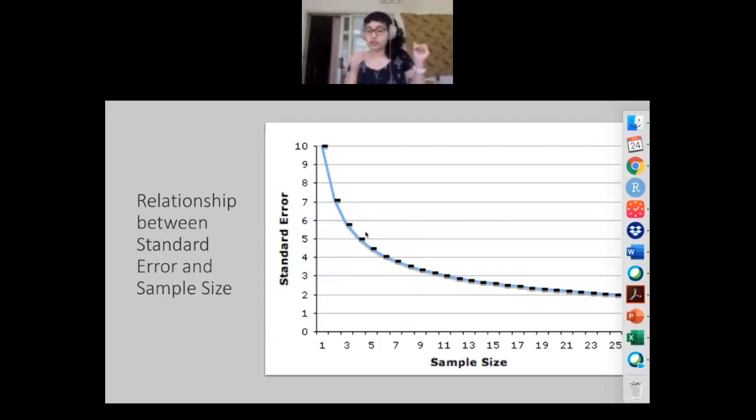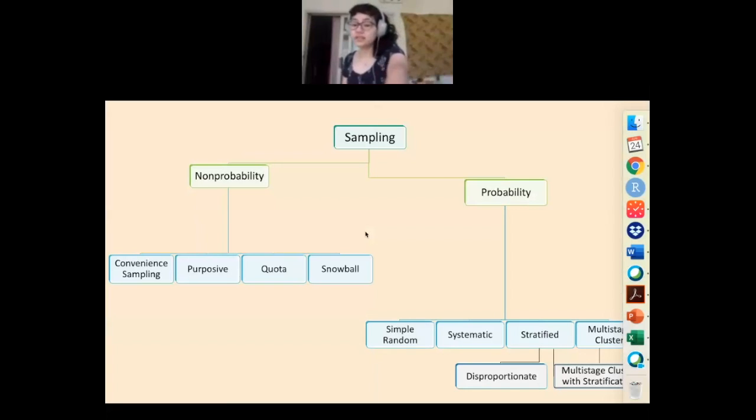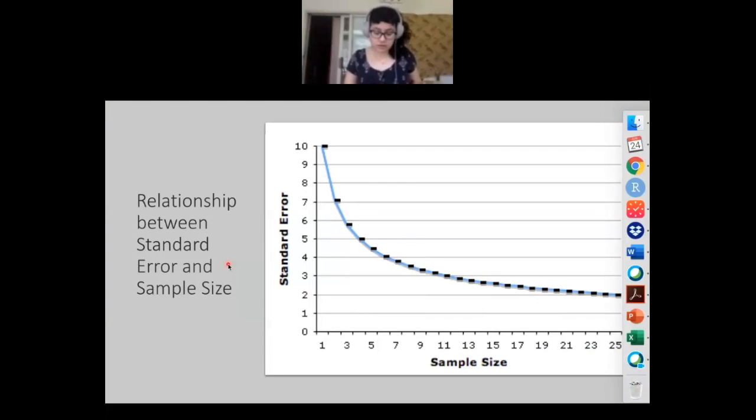Okay, so I just wanted to show this chart because some people had a bit of an issue trying to understand the relationship between standard error and sample size. Like we talked about, standard error only exists in the probability sampling realm. We can't get standard error for any of the non-probability sampling that we've developed.